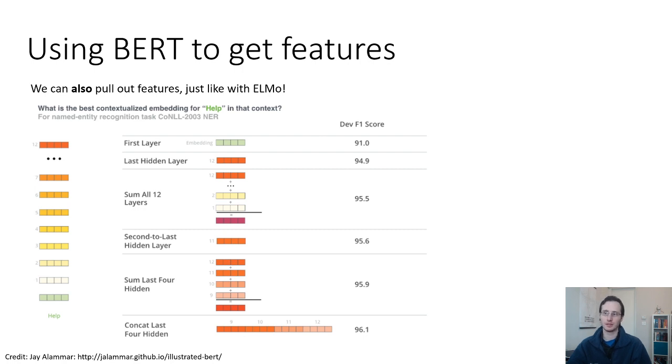If you sum all the layers, that's a little bit better yet. If you use the second to last layer, for some reason, that's actually even better. If you sum the last 4 hidden layers, that's even better. But if you concatenate the last 4 hidden layers, that actually gives the best results. So what's the lesson from this? Well, probably the lesson is that concatenating upper layers of the network seems to produce good representations. But in general, many of these choices are pretty good.